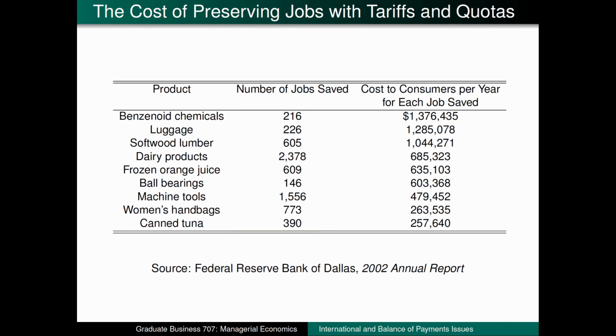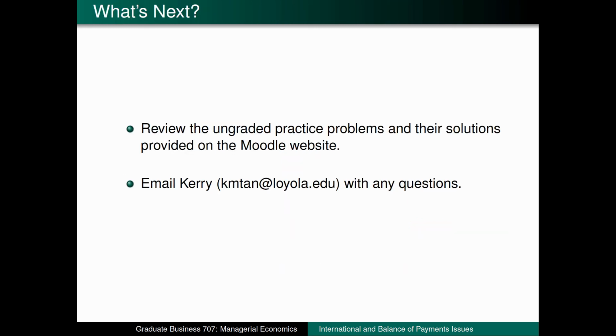So for example, the US imposes a tariff on benzenoid chemicals, which are used to make detergents and dyes. 216 jobs have remained in the US due to the tariffs, but the impact on consumers is quite large. The annual cost to consumers for each of these 216 jobs is over $1.3 million. I'll leave it up to you to judge whether the benefits outweigh the costs in each of these cases.